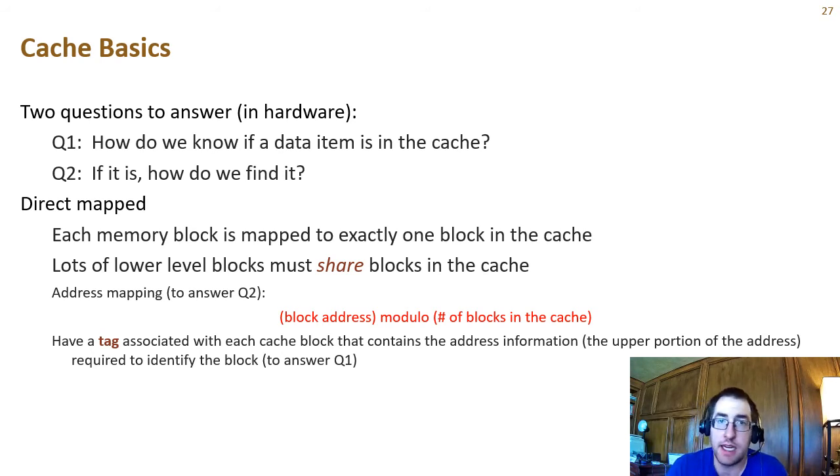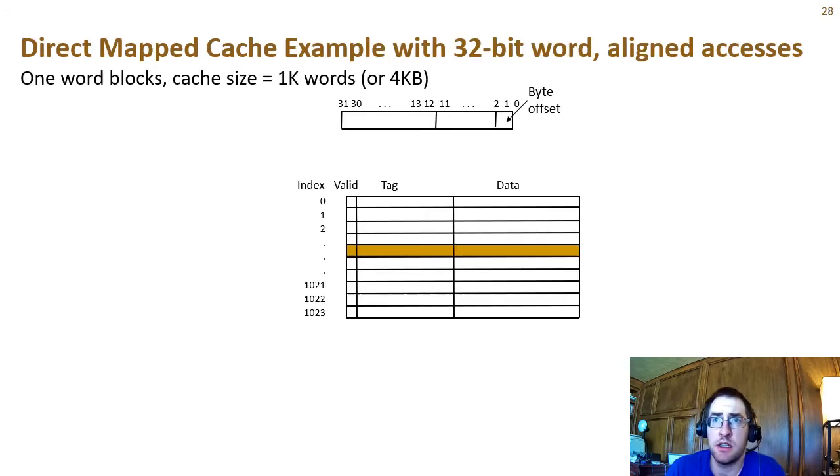So that's where the tag comes into play. A lot of blocks share locations in the cache based on the modular arithmetic, and we have a very simple illustration of that coming up on the next slide after this one, I think.